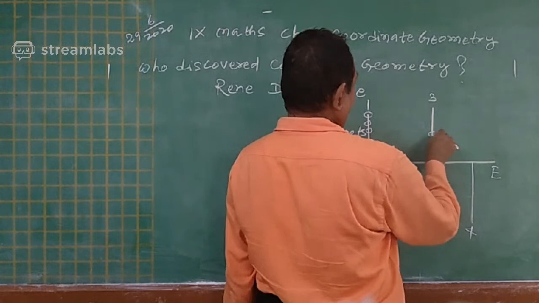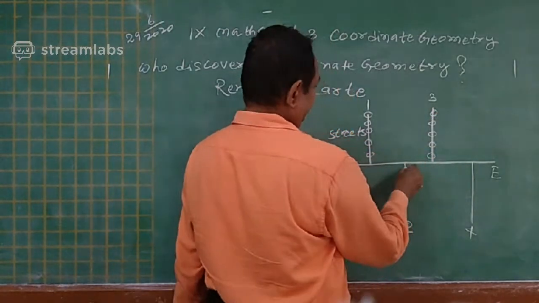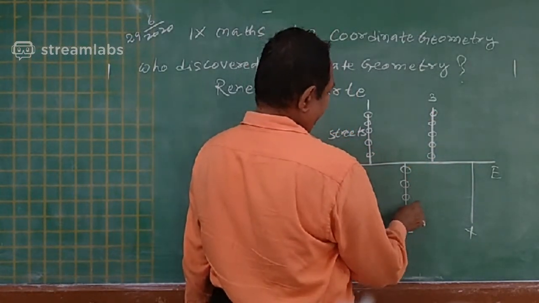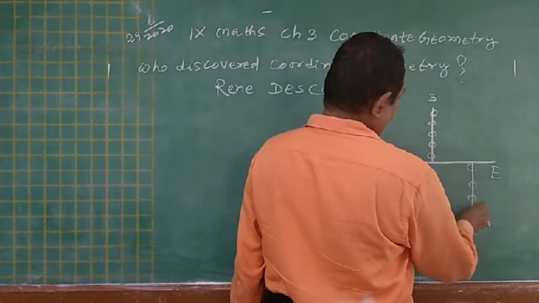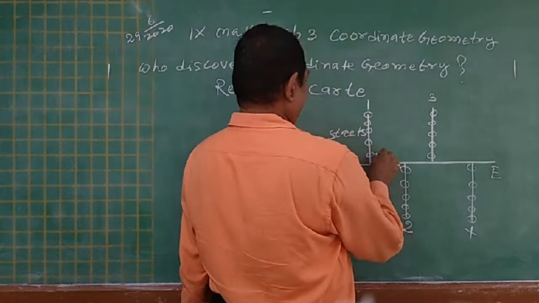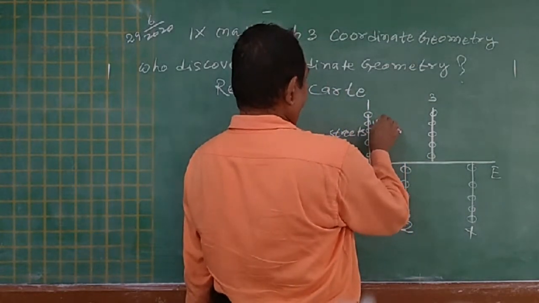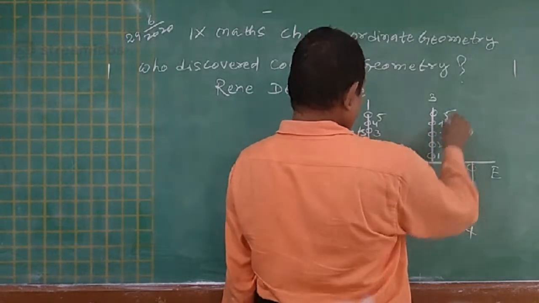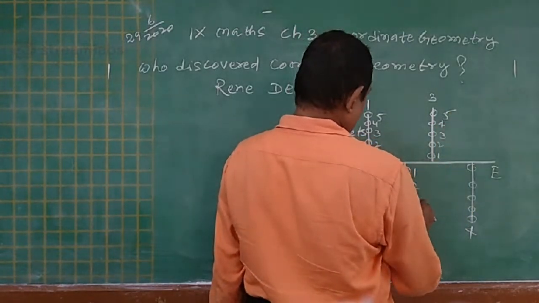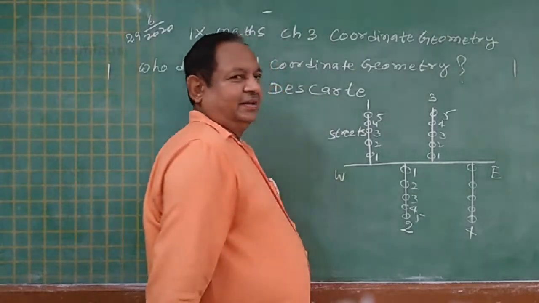Each street has houses numbered 1, 2, 3, 4, 5.